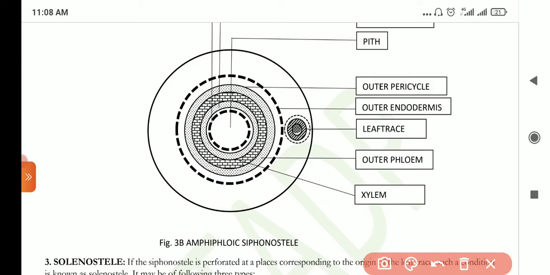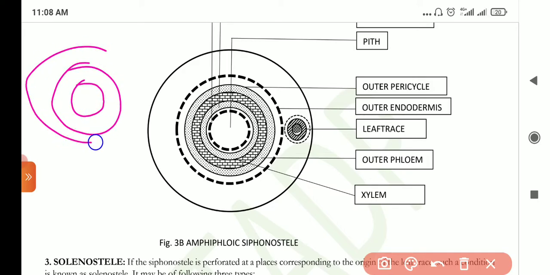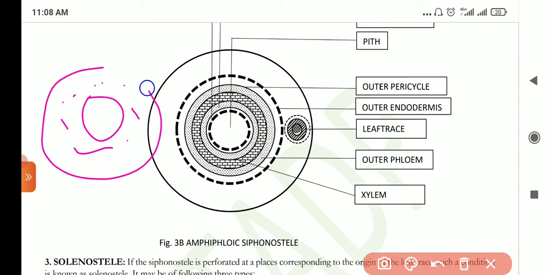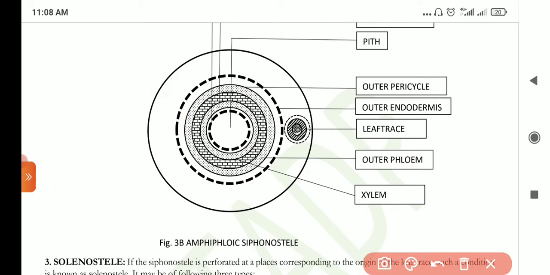So what is the difference between amphiphloic and ectophloic? If I draw at the side, pith, xylem, phloem, this is your ectophloic. If you have pith, then phloem, then xylem, then again phloem, this is your amphiphloic siphonostele. So just from the diagram, you have already understood.